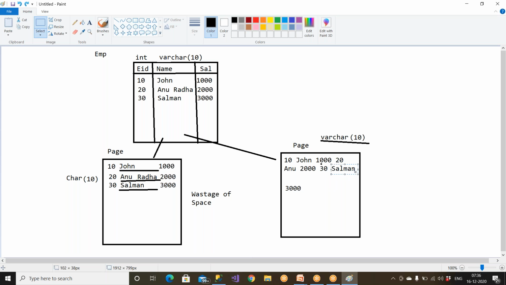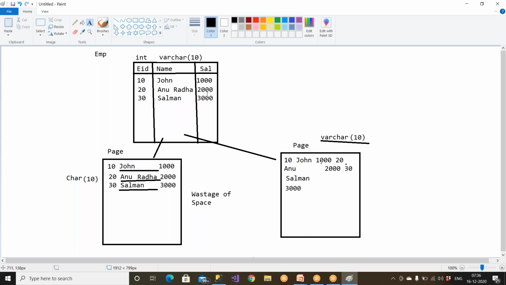It has to bring the data down like this and accommodate space like this.